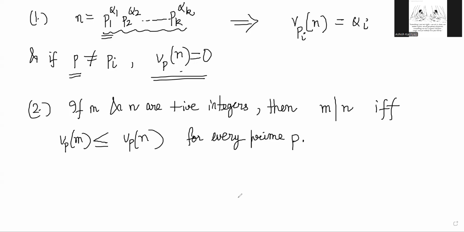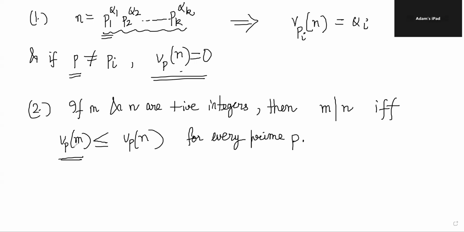Think about it. v_p(m) means the power of p that appears in m, right? The highest power.